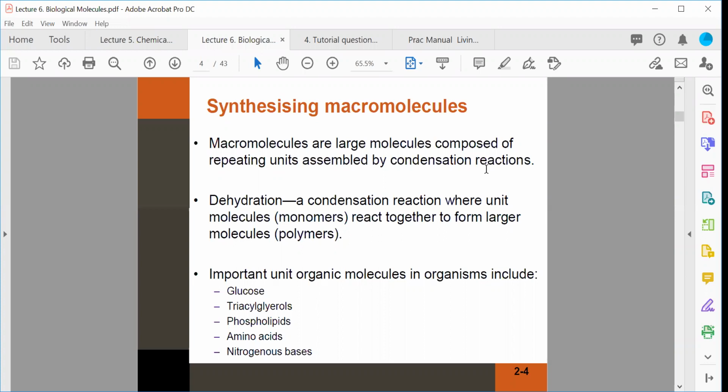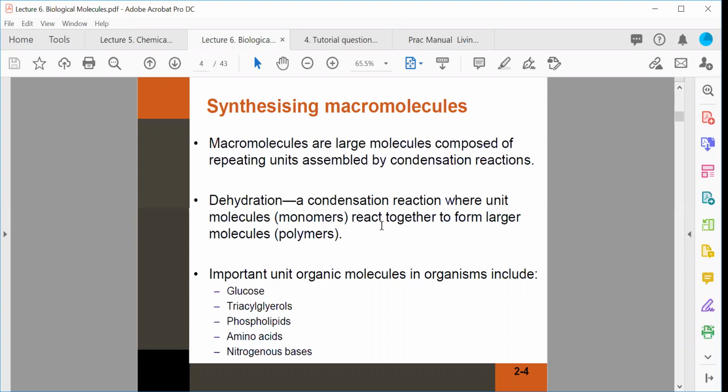The specific type of condensation reaction which allows these repeating units to join together to form large molecules is called a dehydration reaction. A dehydration reaction is a condensation reaction where the small unit molecules, which we call monomers, you can think of as the building blocks that make up this large macromolecule.